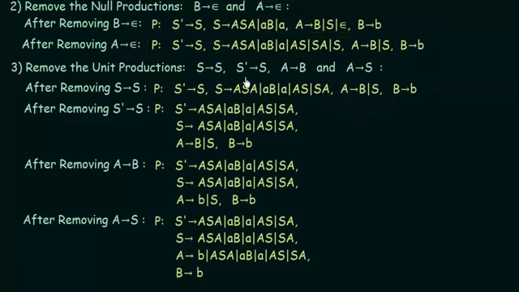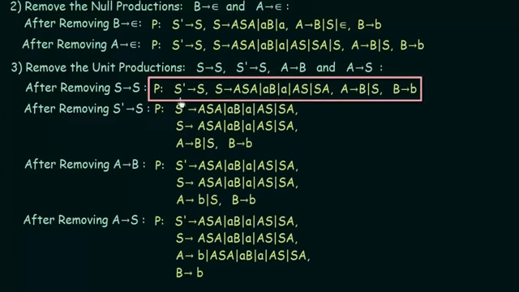Now we have to remove S dash gives S. In order to do that, we have to replace this S with something. We'll look at the latest production which we have, and here we see that S dash is giving S, and then the value of this S is this one over here.